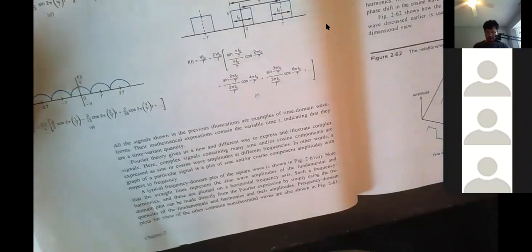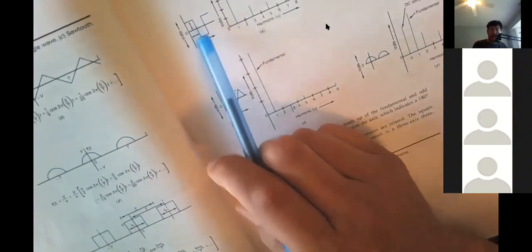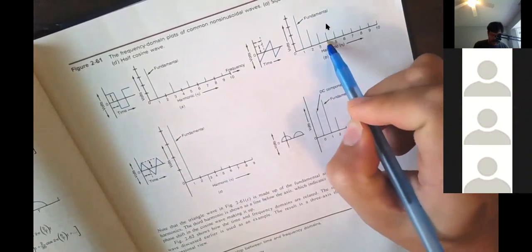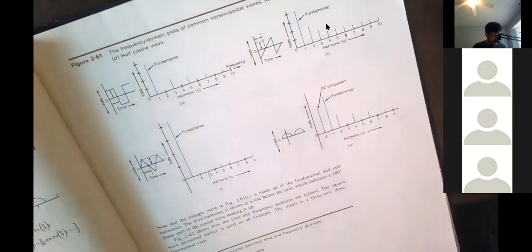The last topic is the Fourier transform. It's pure math. We already covered this. This is what it looks like in time domain, and this is what it looks like in frequency domain. So a square in frequency domain, you have first order, second order, third order, fourth order, fifth order, sixth order, forever.